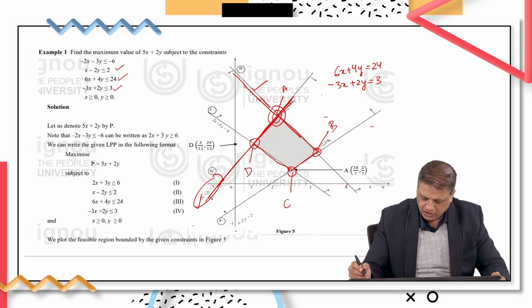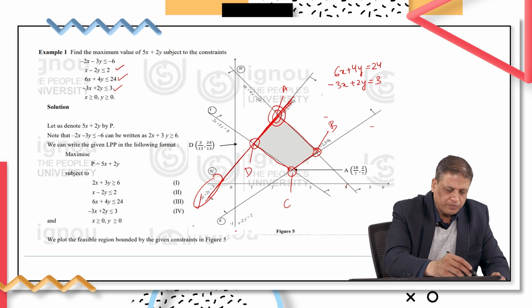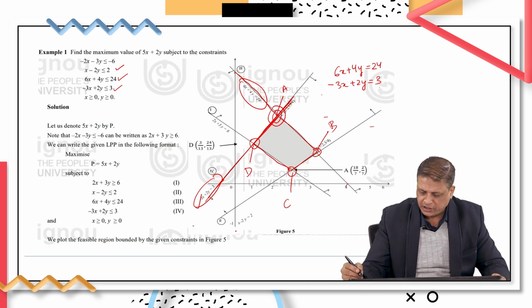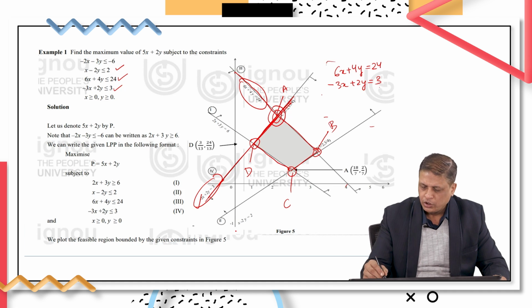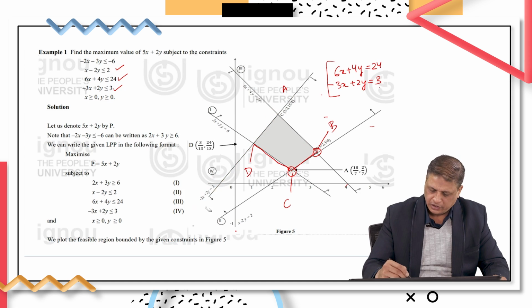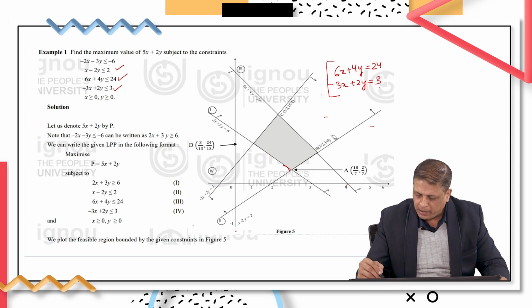So, the intersection of this line and this line is giving you point A. This line is given by this equation, that is minus 3x plus 2y is equal to 3, and this line is given by this equation, which is 6x plus 4y is equal to 24. So, solving these two equations, you can get the point of intersection, that is point A, which turns out to be 3 by 2 comma 15 by 4.